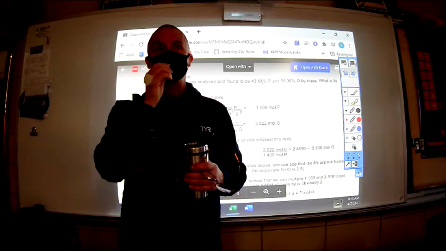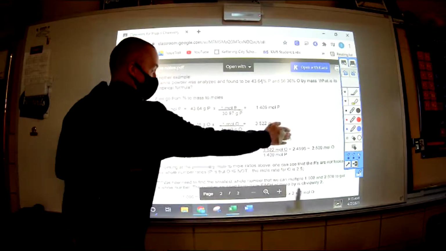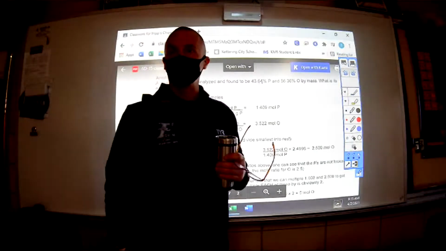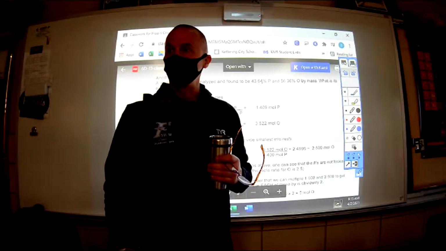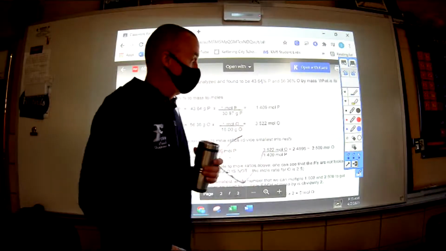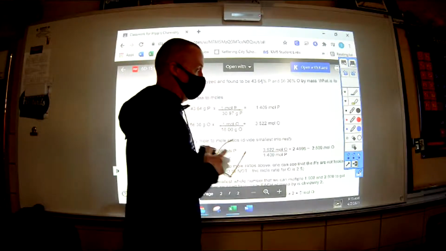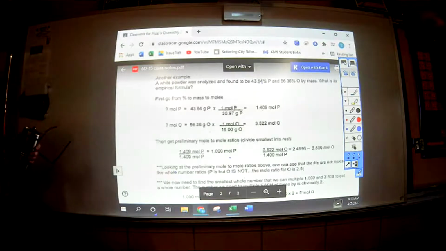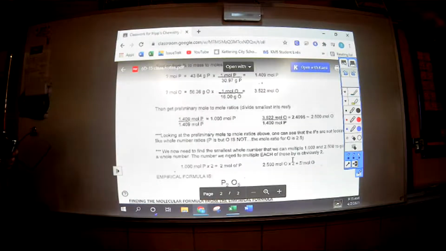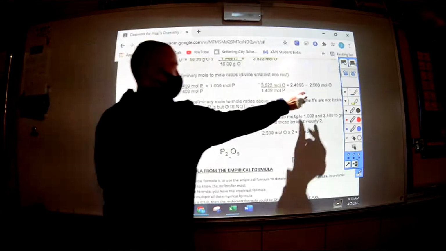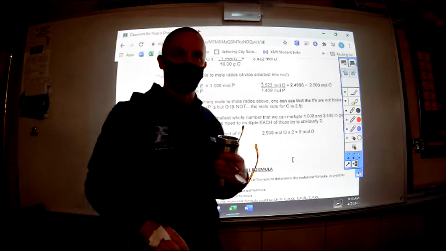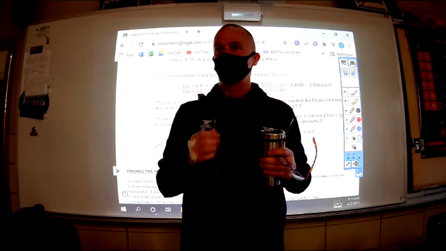You have to multiply all the moles that you now have by the smallest whole number. That would result in them being whole numbers. What's the smallest number I can multiply 2.5 by to make it a whole number? 2. If I multiply this one by 2 to make it a whole number, would I also have to multiply that one by 2 in order to maintain the ratios?